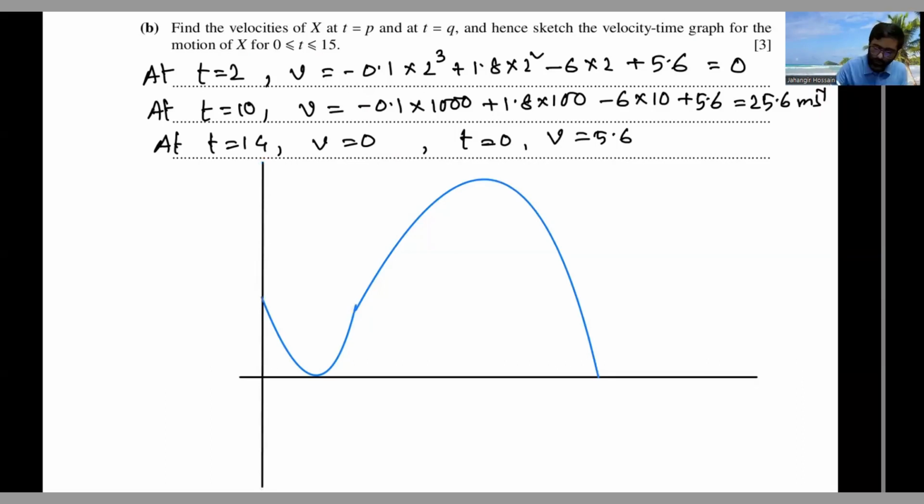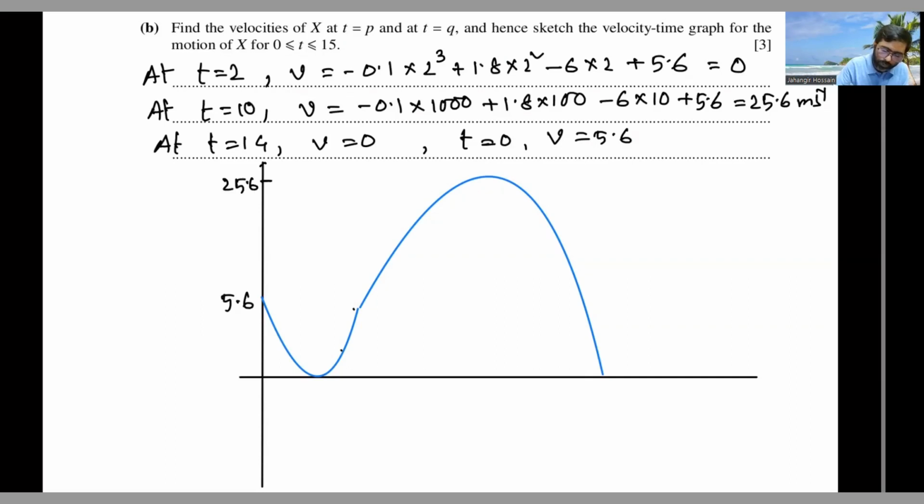So we don't get negative velocity here. So this is 5.6, 25.6, this is 10, and this is 14.